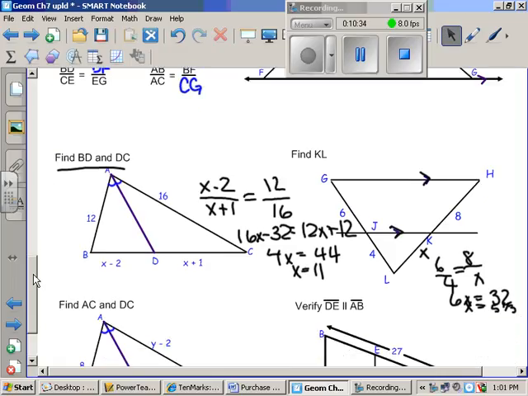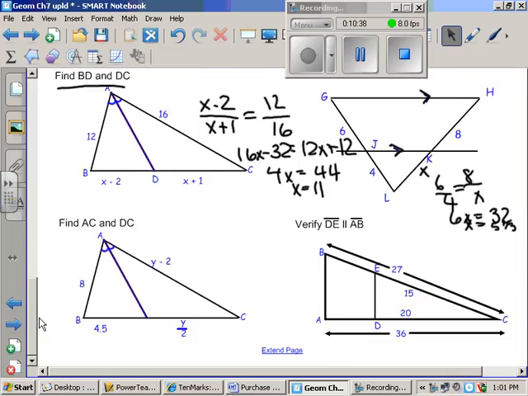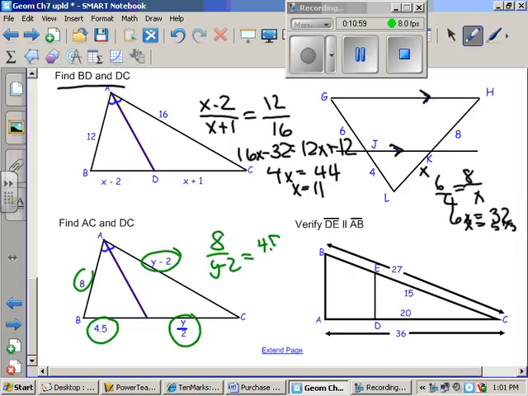All right. And again, the triangle angle bisector theorem says that 8 and y minus 2 have the same proportion as 4.5 and y over 2. So I have 8 over y minus 2, and that should be equal to 4.5 over y over 2.